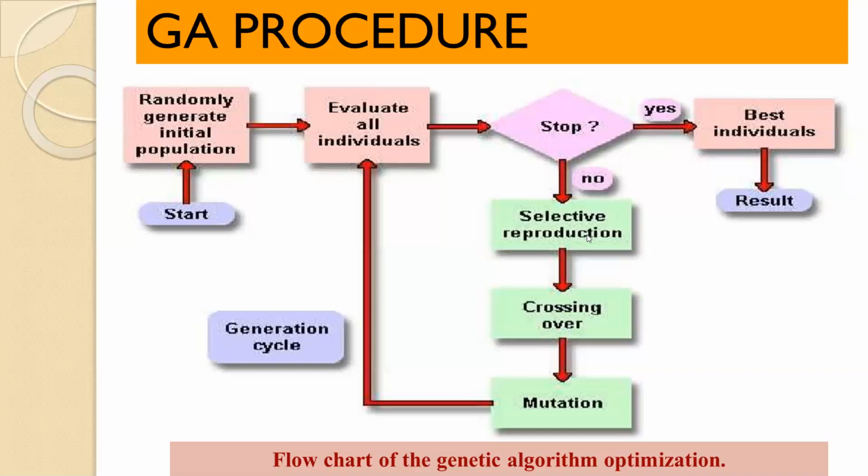Create random population, where the mutation function already explained your crossover mutation. Individual analysis may take a function which is available in nature.